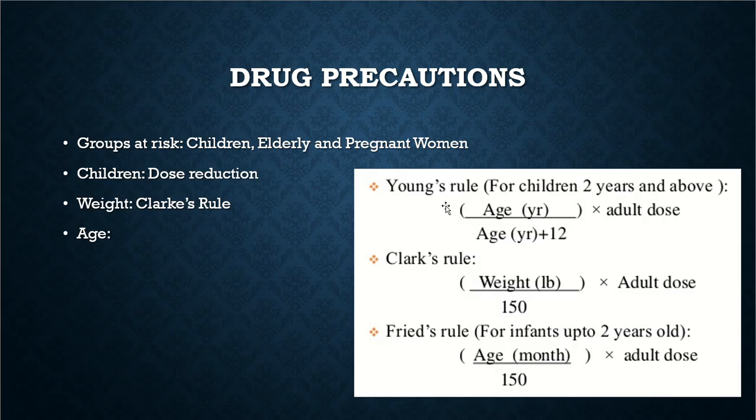Young's rule for children 2 years and above: age in years over the age plus 12, multiplied by the adult dose. The weight is more accurate, but also every medication has a dose for children. For example, Flagyl or metronidazole, 50 milligrams per kg. So if the child is 10 kilograms, he can get 500 milligrams, the maximum dose a day.